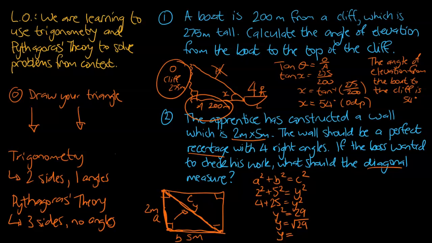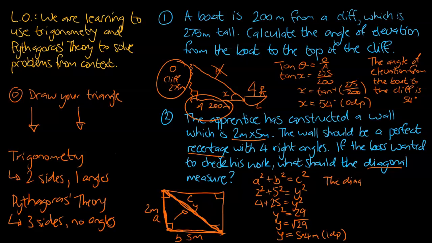And y is equal to, going to grab out my calculator for this final step, square root 29, that is equal to 5.4 meters, and that had a 1 dp rounding. So that means if the apprentice constructed the wall correctly, he's got all the right angles sorted, this measurement going across in the diagonal should be about 5.4 meters. So let's put that in a sentence.